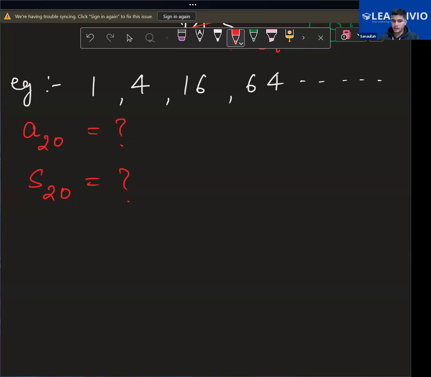I think you can solve this question in 2 or 3 minutes if you remember the formulas.